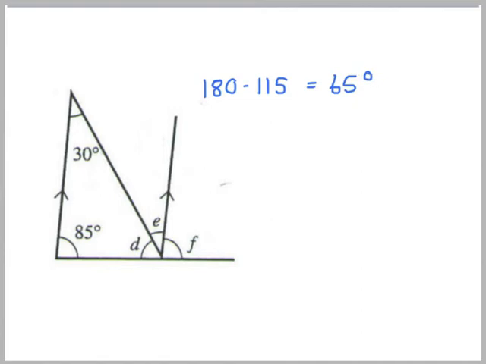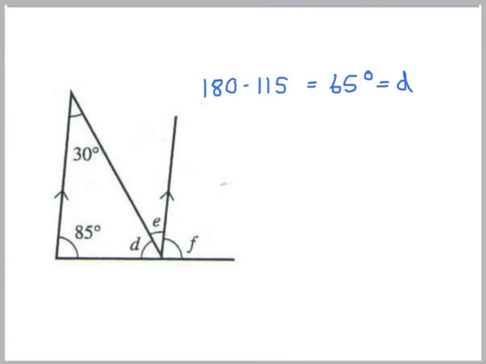So 65 degrees must be the value of D. Now I've got some parallel lines here to use, and I therefore know that the angles in the parallel lines here must be the same because I've got that F shape, giant F shape. So I've got my corresponding angle in here.